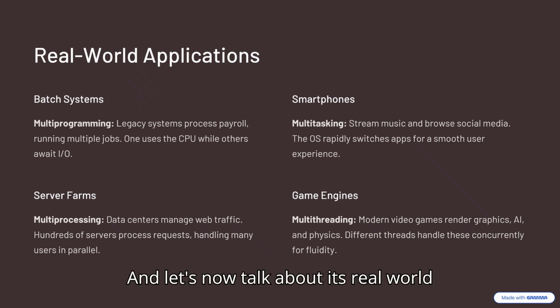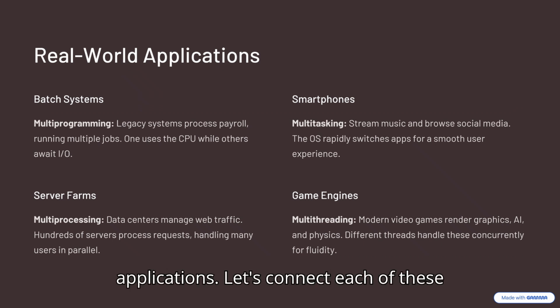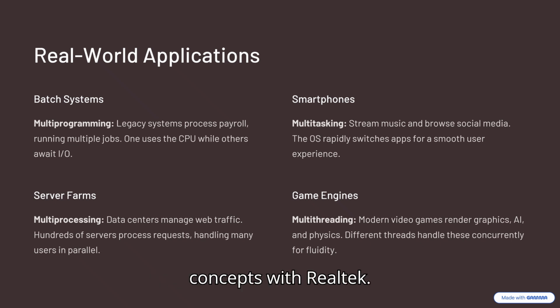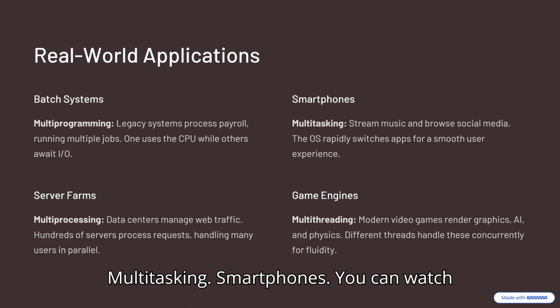And let's now talk about real-world applications. Let's connect each of these concepts with real tech. Multiprogramming. Payroll systems in legacy businesses. They run one task, then switch while waiting for input. Multitasking.